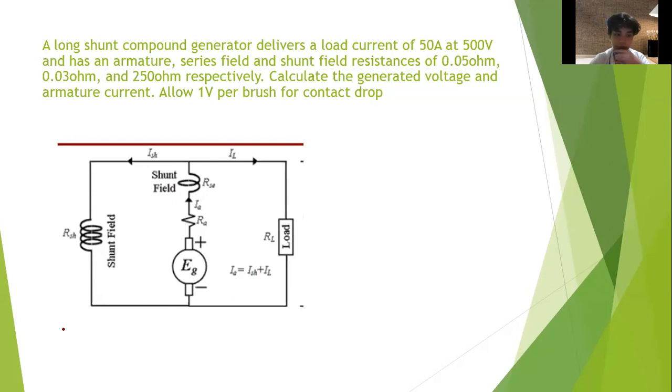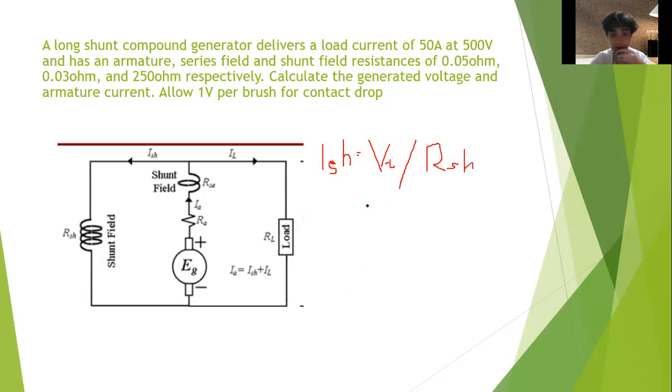For us to determine that, we use ISH, the shunt current, equal to VT over RSH, the shunt field resistance.